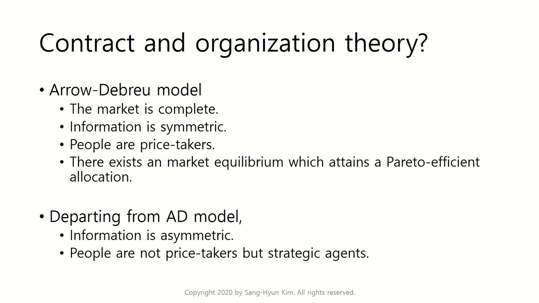So I want to give you an incentive to study hard, but all I can do is check the exam scores and guess whether you studied hard or not. Okay, and we will also assume that people are not price takers but strategic agents. So they try to influence others. They are more active rather than passive.